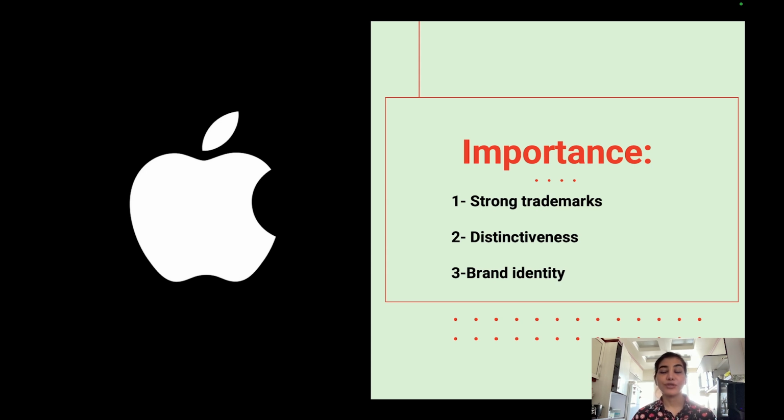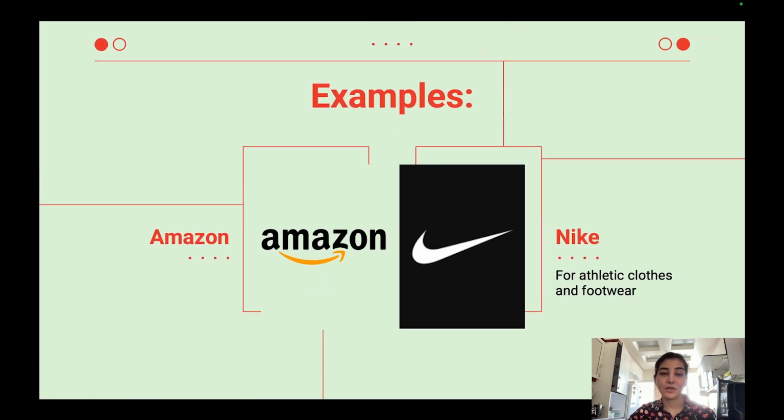And it can create brand identity. You can have an identity with a brand that is strong. So we conclude that suggestive marks are strong and can create brand identity. Other examples are Amazon for a retailing company and Nike for athletic clothes and footwear.